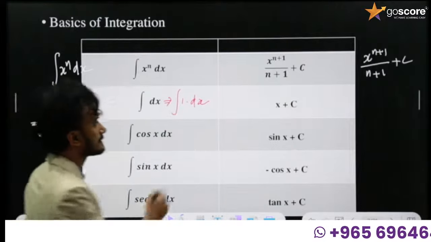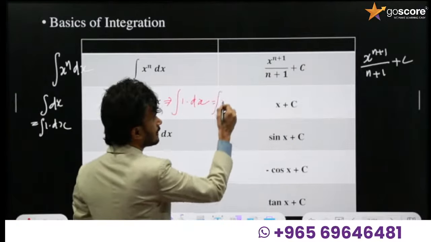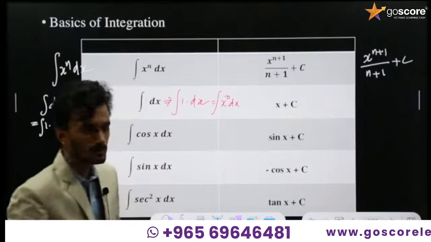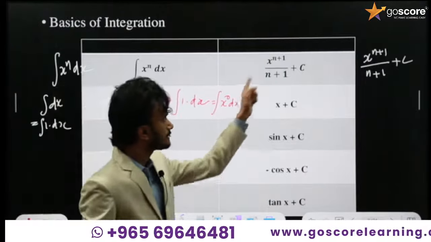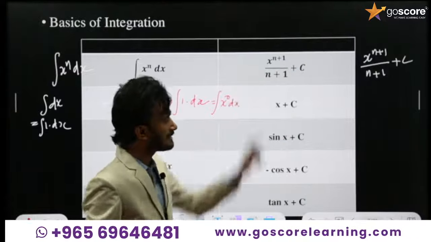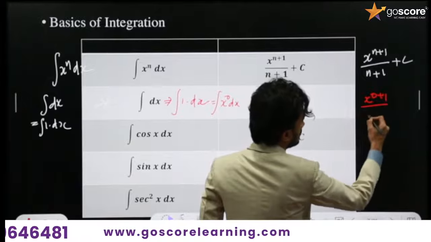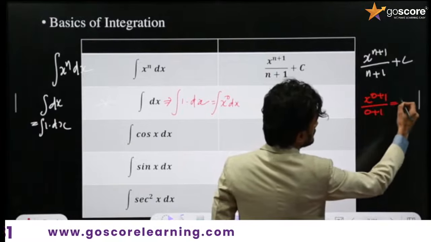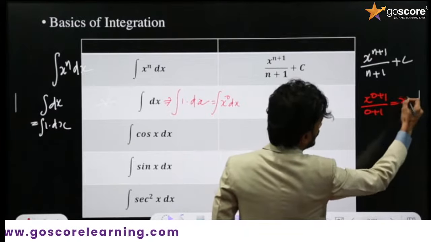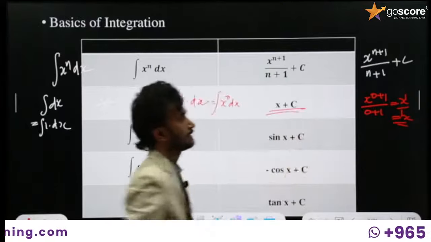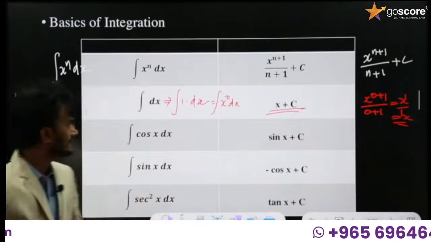Integral of 1 means we can write it as integral of x raised to 0 dx. Then what is x raised to 0? n is 0, so x raised to 0 plus 1 divided by 0 plus 1. So it is x raised to 1 divided by 1, which is equal to x. So we'll get x plus c, where c is a constant.